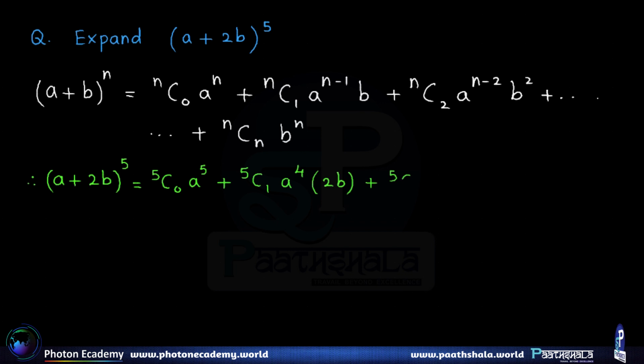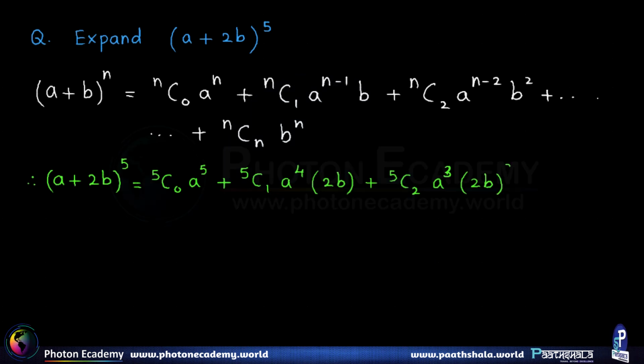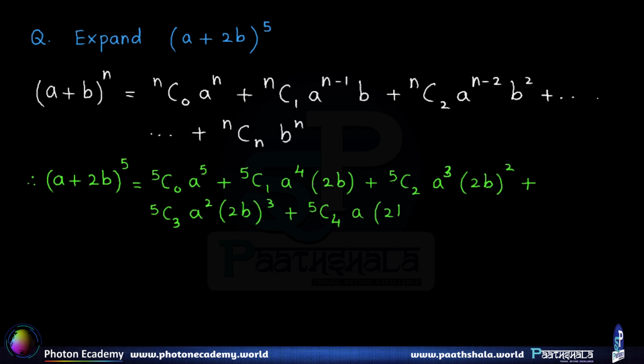Then moving on, we have 5C2, a becomes now a cube, and we have (2b) the whole square, plus 5C3 a square (2b) the whole cube, plus 5C4, we have just a, (2b) raised to 4, and lastly we have 5C5 into (2b) whole raised to 5, right?